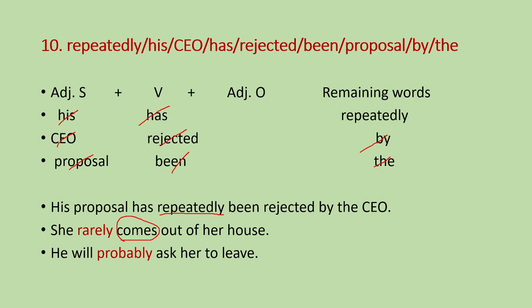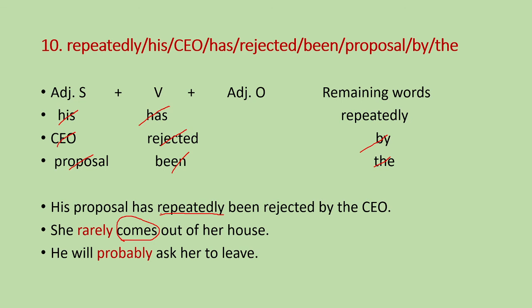In case the verb is single word, the adverb is placed before it. In case the verb is a two-word compound like will ask, the adverb comes in between. And in case the verb is three words like has been rejected, so if it is a three-word verb compound, then the adverb is placed after the first helping verb.